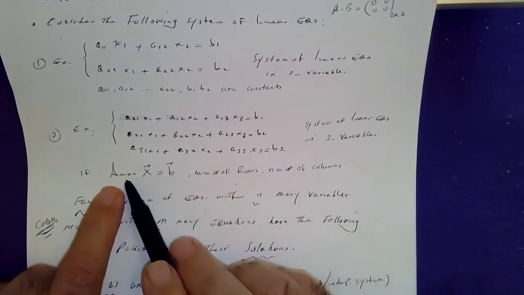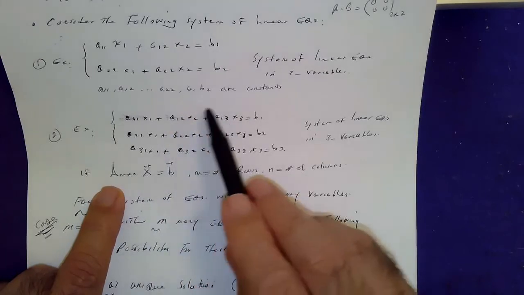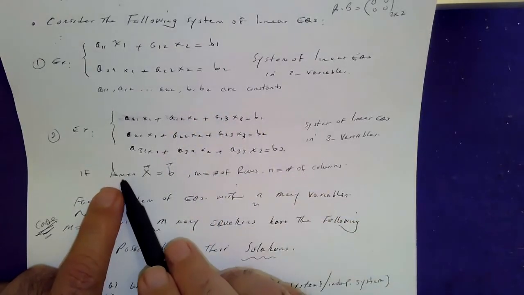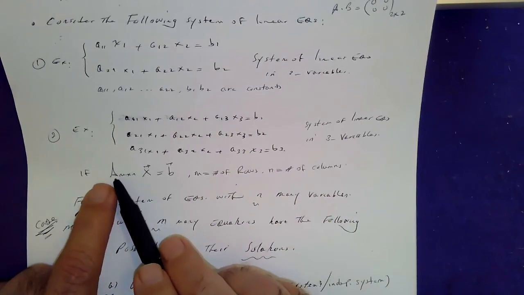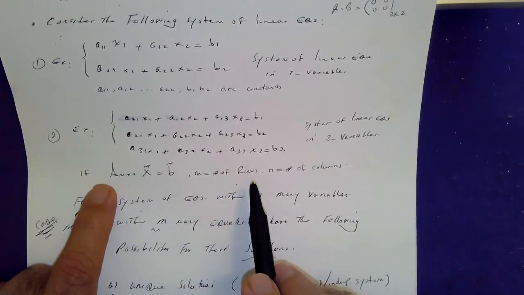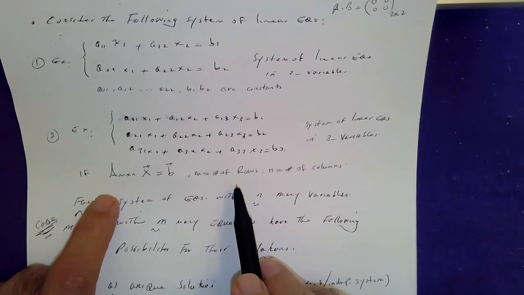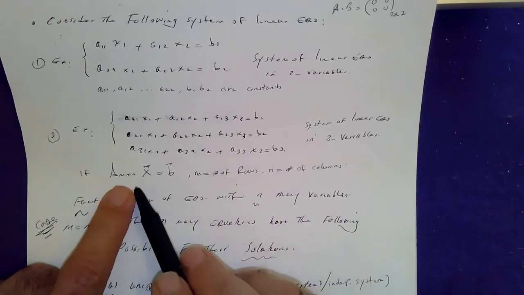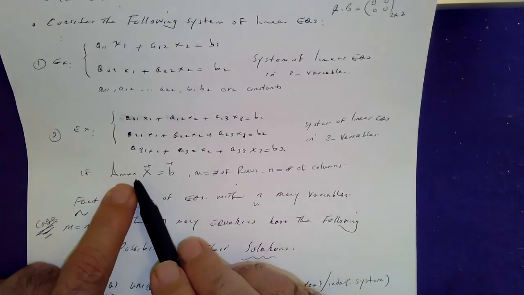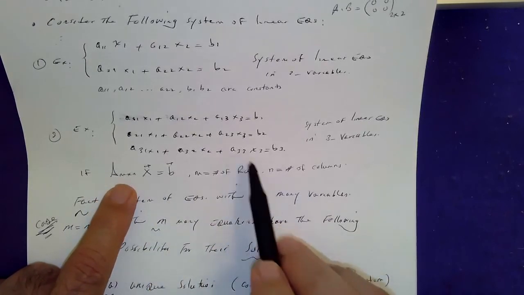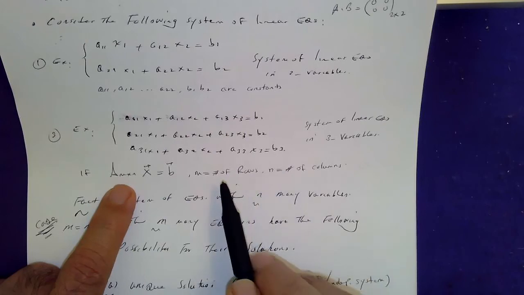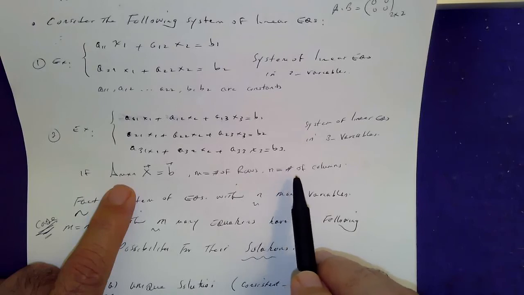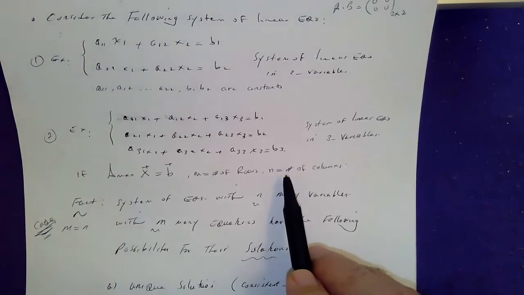In this case, notice in the case of a system of linear equations, the number of rows of your coefficient matrix represents what? The number of equations in your system. And the number of columns here, which happens to be n, represents the number of variables. So m is the number of equations, n as in Nancy represents the number of variables.